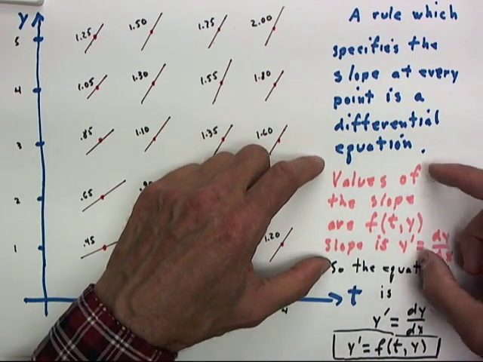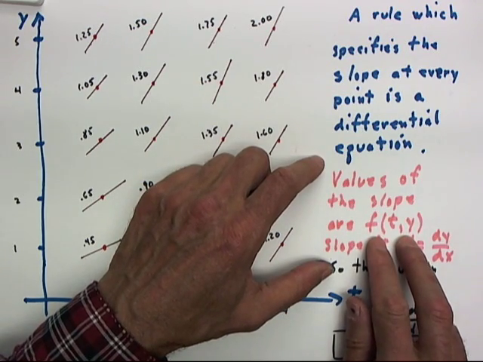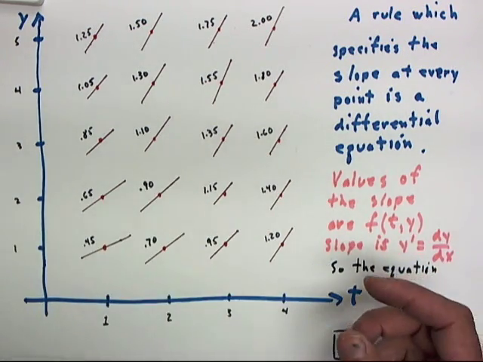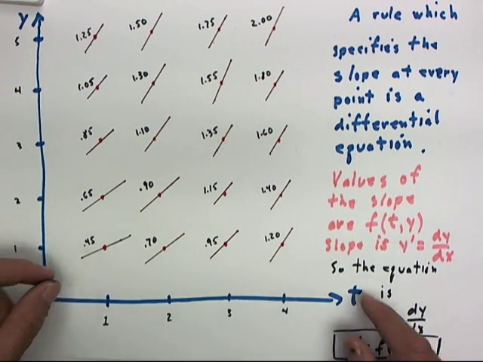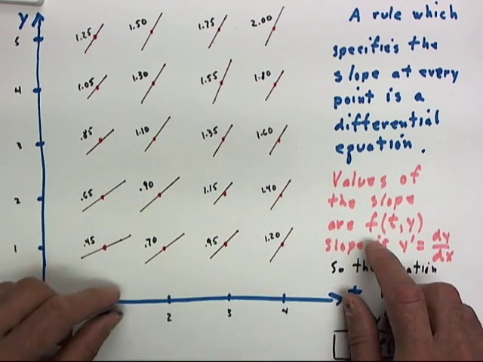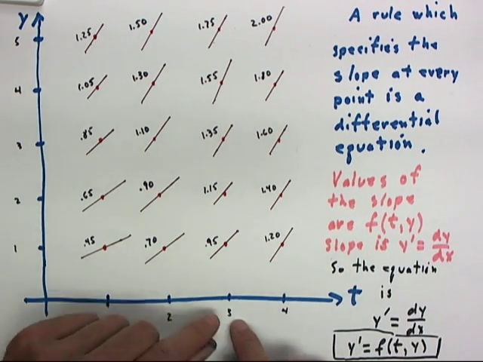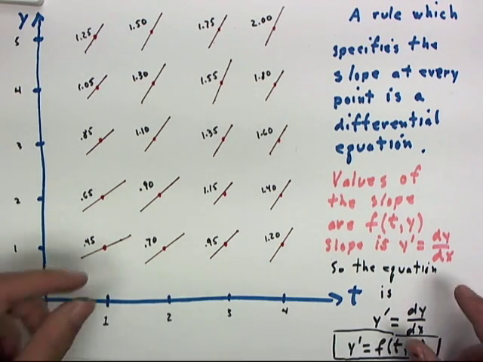The values of the slope are calculated by some function f of t, y. Okay, we know that if you have the y versus t plane, a function f of t, y is just a rule for determining the value of the function if you know the coordinates of the point, if you know the t coordinate and the y coordinate.